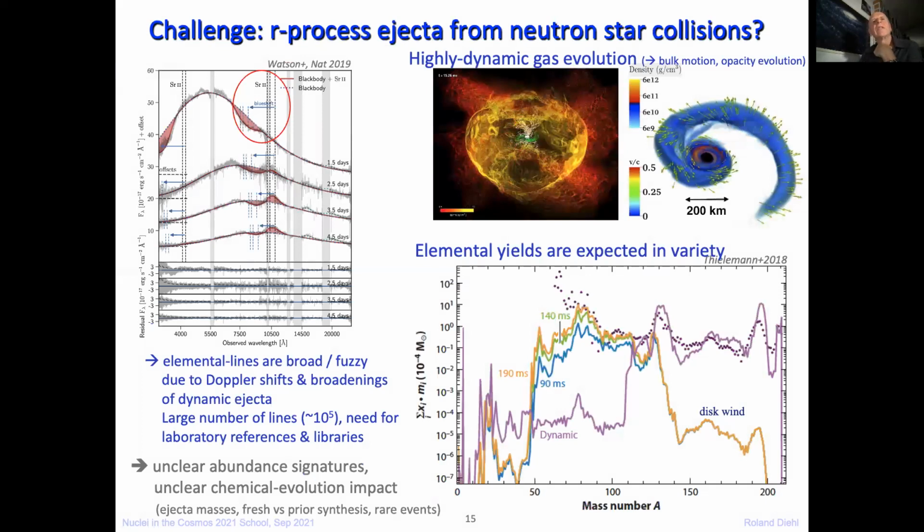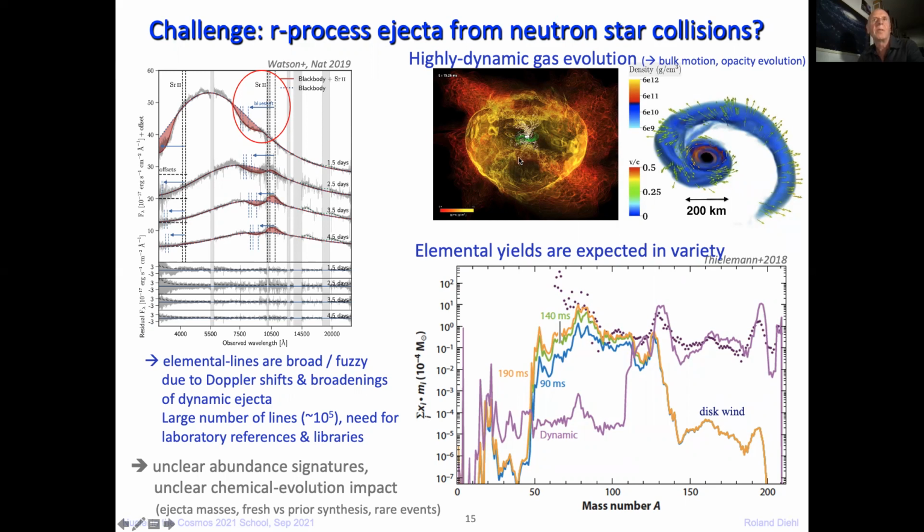Now, one of the challenges that was quite spectacular was this spectrum in the infrared from a kilonova. And you see that in the kilonova, the ejecta are even much more dynamic and have much larger Doppler motions than what we saw in the star.